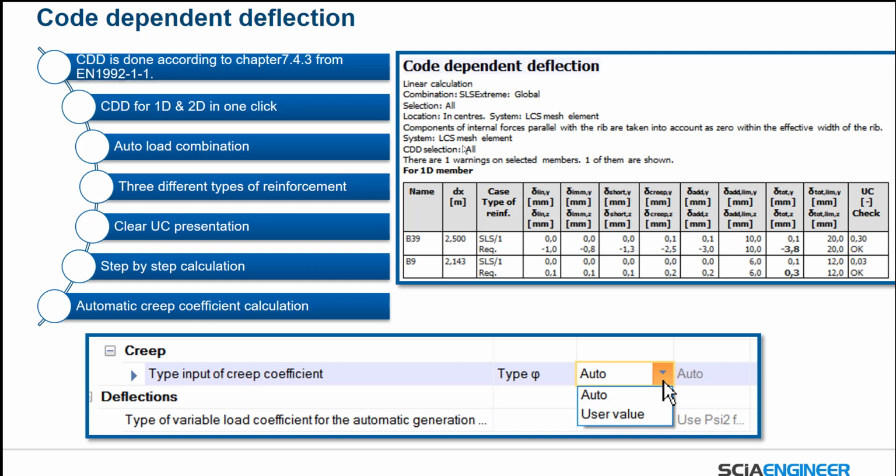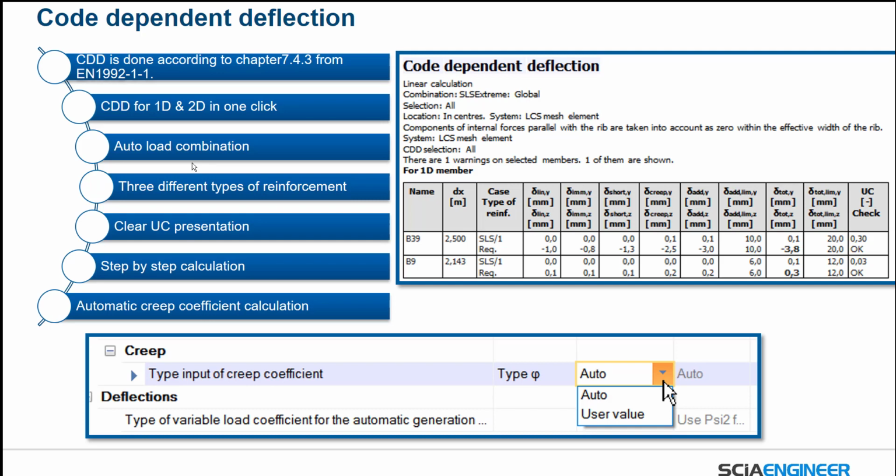If you are familiar with the old CDD, then you will see that you had to make a load combination in the past, and you needed to tell the software this is the combination for the calculation of immediate deflection and some combination for the calculation of the creep deflection. In this version, all that is not required, SCIA does that automatically for you, and probably for this point you will save some time.